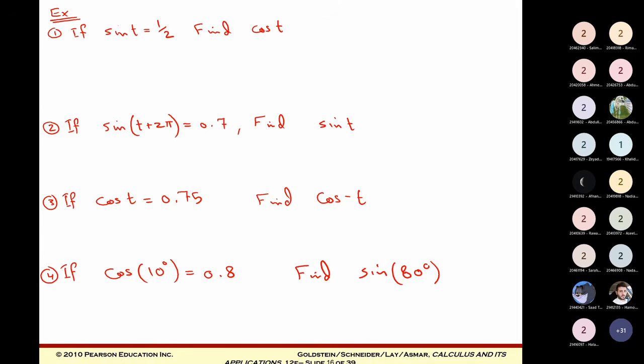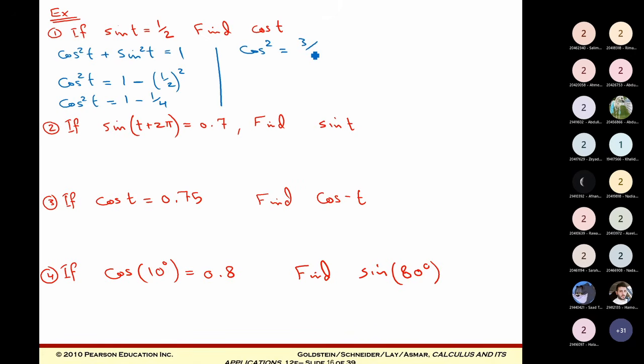The first one: if we have the sine, we can find the cosine because we have the relation cosine square plus sine square equals 1. So the cosine square of t equals 1 minus sine square, this is 1 minus (1 over 2) squared. So cosine square of t equals 1 minus 1 over 4, which equals 3 over 4.